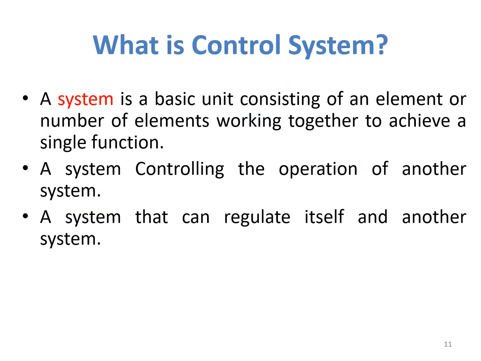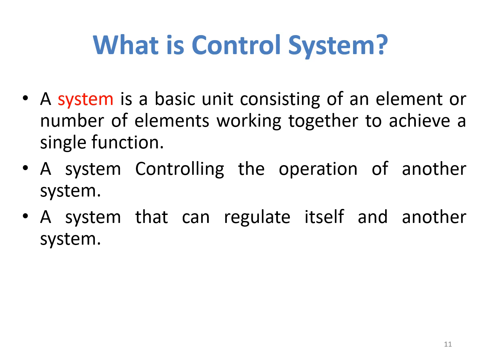So first let's start with the basic definition of a control system. So as the name indicates, a system is a basic unit consisting of an element or a number of elements which work together to achieve a particular function. So there will be a number of elements which are connected together and they have to work in coordination to perform a particular operation or a function.